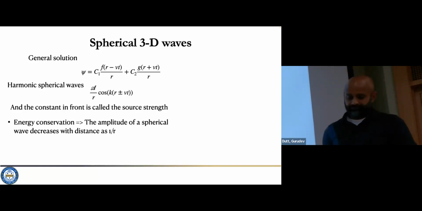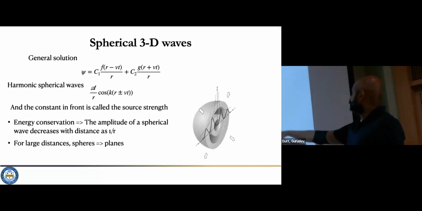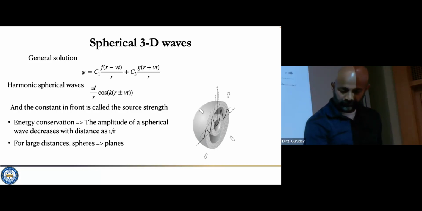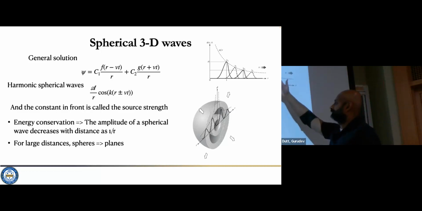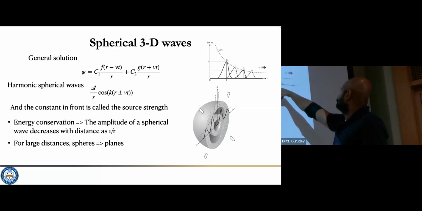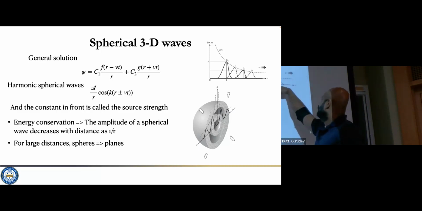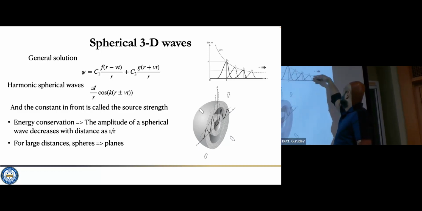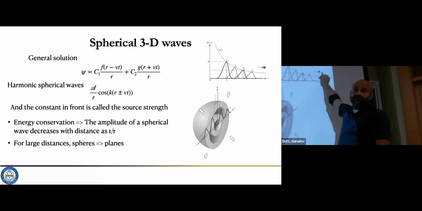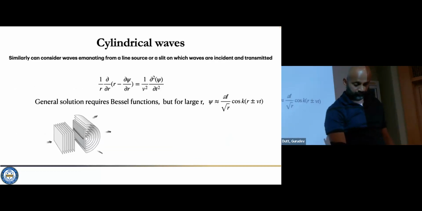And this is just showing that the profile of the wave, whatever it is, f could be anything, as we have discussed, for a sine wave. But for any function f, it keeps its shape, but just decreases in amplitude as 1 over r as you go further and further.